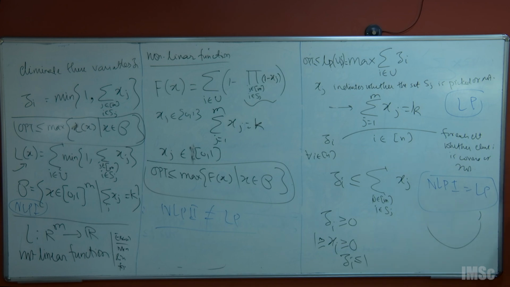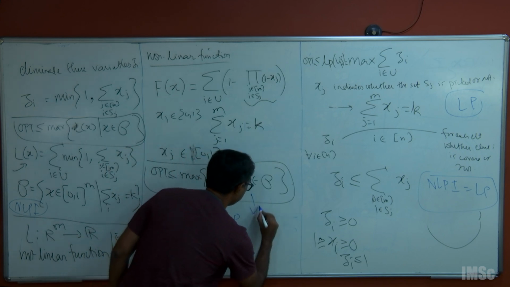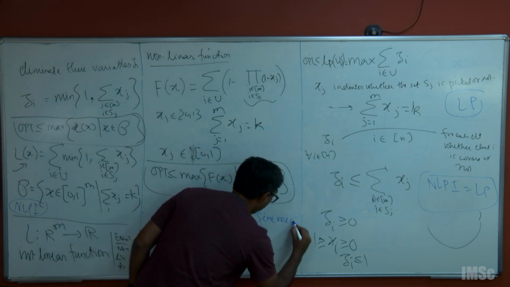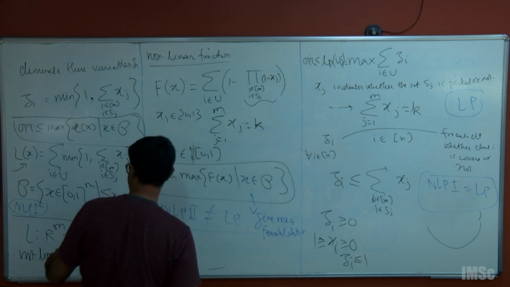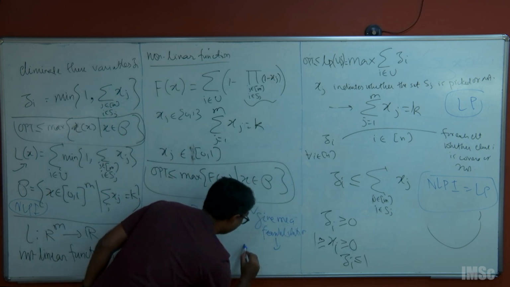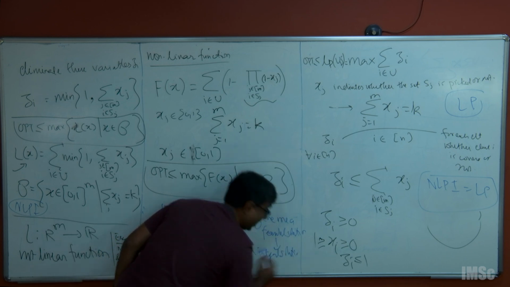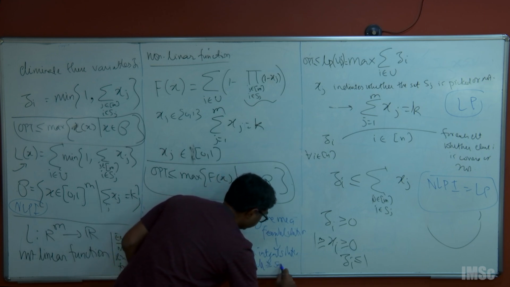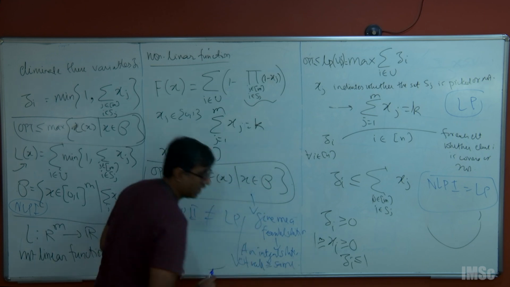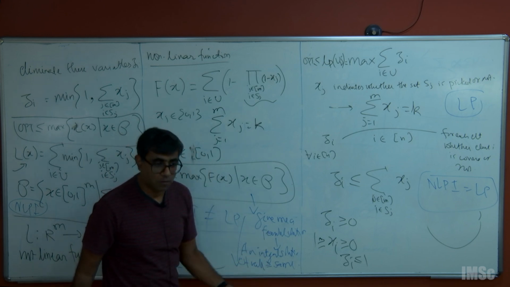Similarly here, I don't know how to solve this, but if you give me a feasible solution right here, I will give you an integral solution of value at least the same. So just like LP for bipartite graph, when I do rounding here, there is no loss.